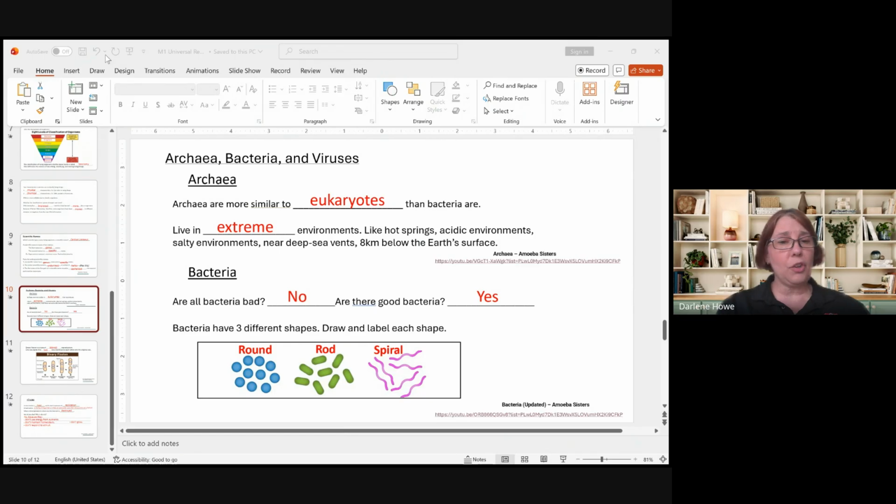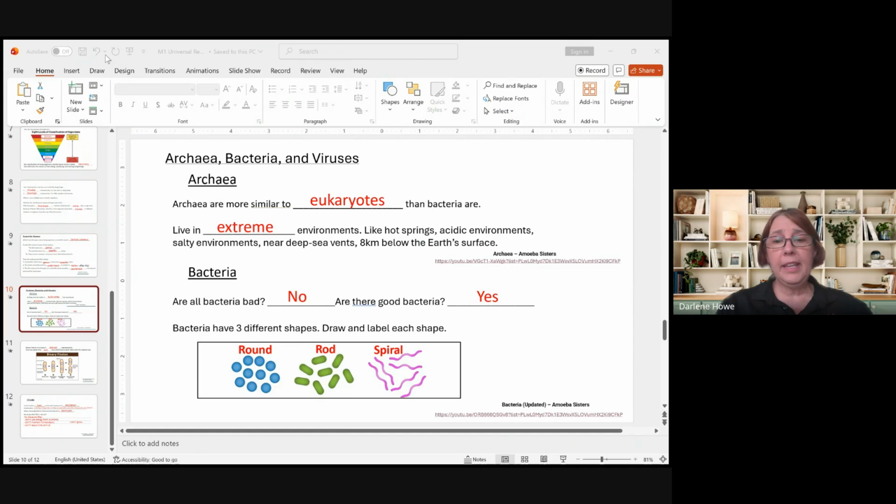They live in salty environments, very, very high salinity, lots of salt. Near deep sea vents. Okay, I showed you video of deep sea vents in the classroom. Those were those vents that were underwater that were spewing out what looks like black smoke. Again, very extreme environment, very hot temperatures, and sometimes very high compounds coming out of there.